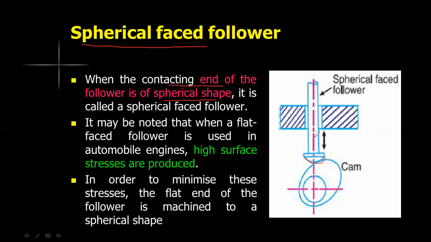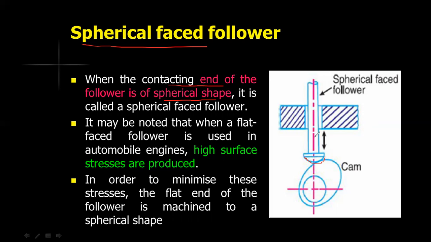So first we had the knife edge follower. There are two problems: one is the side thrust and the other is excessive wear. Then we move to the roller follower, where the side thrust and the wear are reduced. Side thrust is reduced, but it is not completely eliminated.